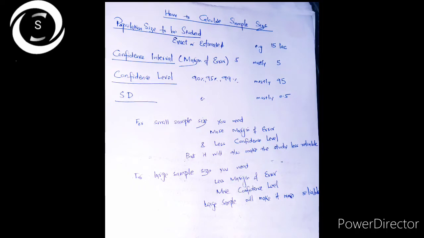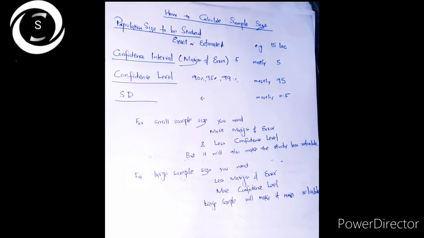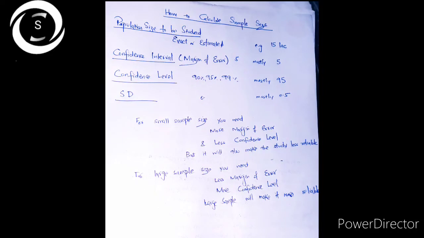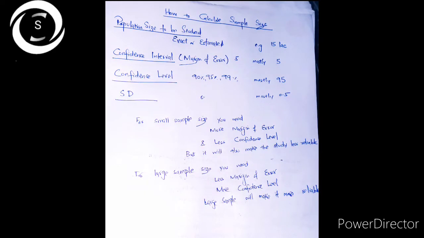First thing is population size to be studied. We should know it, exact or estimated. For example, my district DI Khan population is 15 lakhs. Now confidence interval, which is also known as margin of error, as we have already shown you, mostly it is taken as 5.